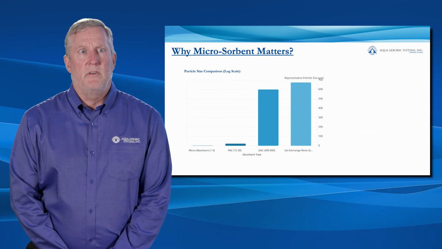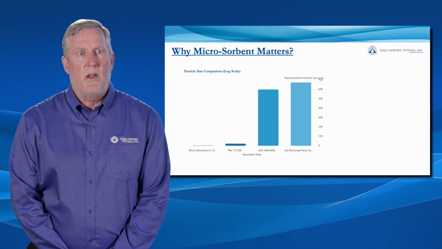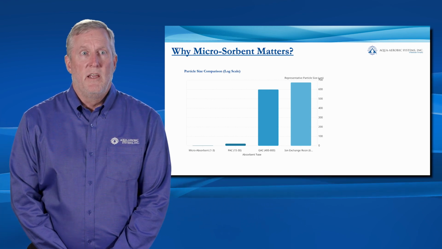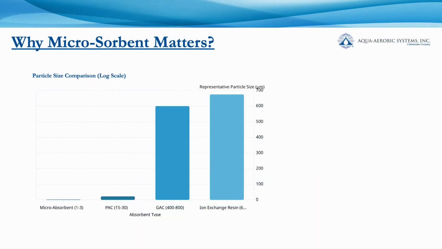So why does it matter? What's unique about the AquaPRS process is we use absorption and we use separation. But our absorbent is 1 to 3 microns, so it's very small. It's many folds smaller than granular activated carbon, ion exchange, even packed material.